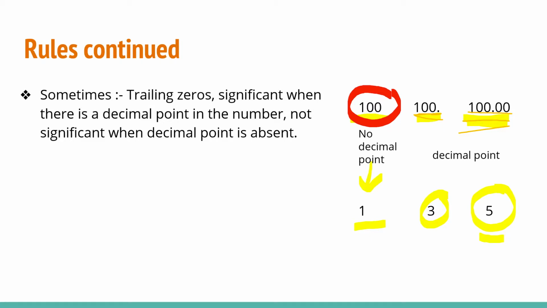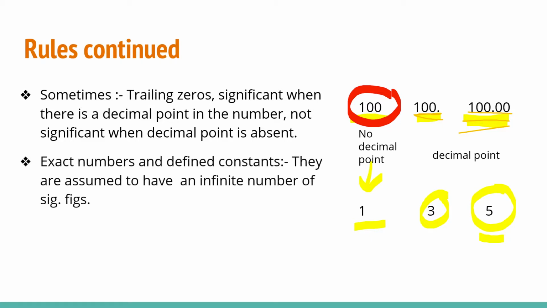Now the fourth rule: exact numbers and defined constants are assumed to have an infinite number of significant figures. For example, the circumference of a circle is 2 pi r. In this formula, 2 is an exact number and it is assumed to have an infinite number of significant figures.